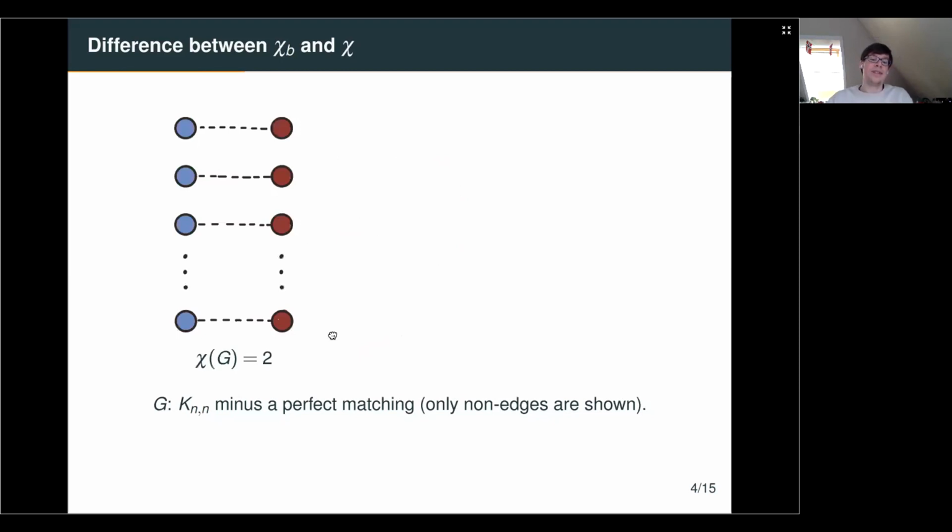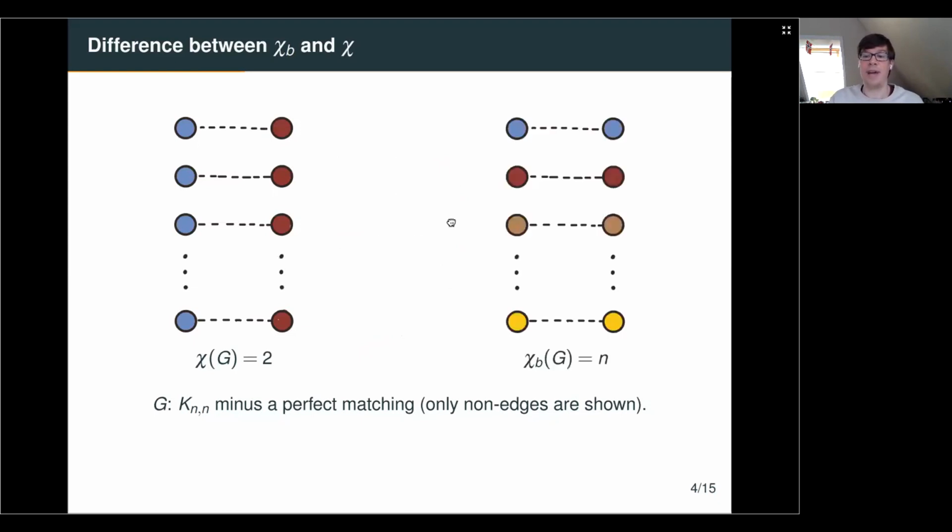All right, of course, this graph, because it's bipartite, has chromatic number 2 with a coloring like this, but it has B-chromatic number n, because we can just give all the matched-up vertices, by the matching that we removed, the same color.